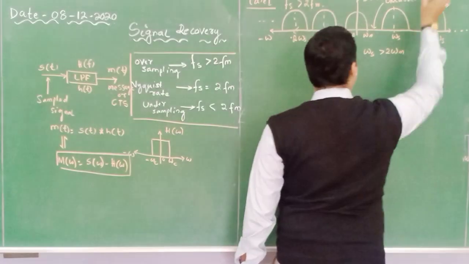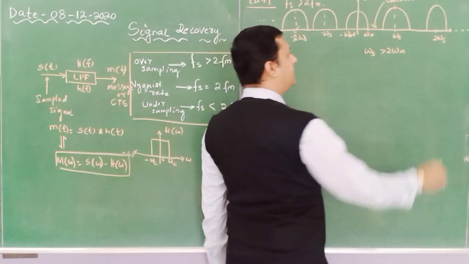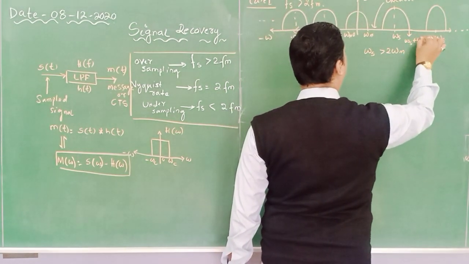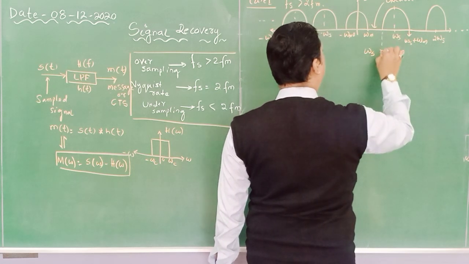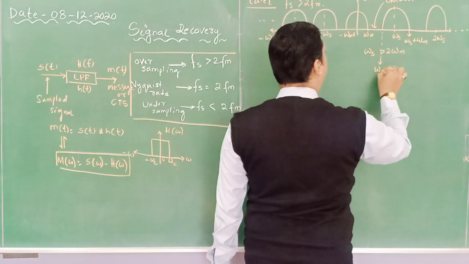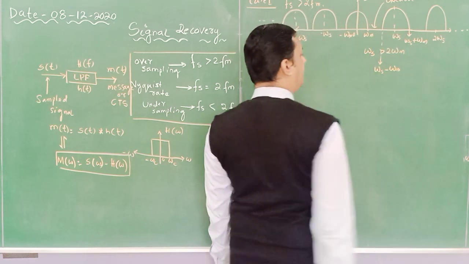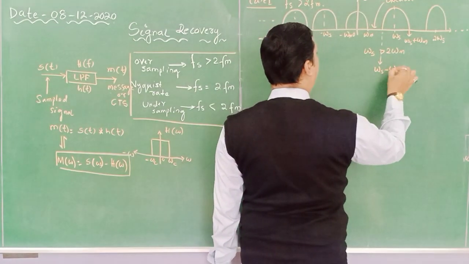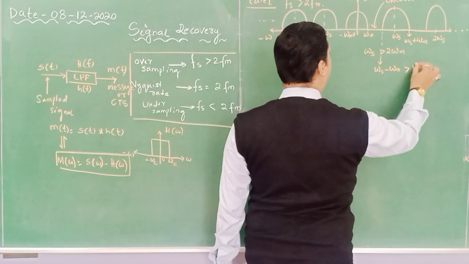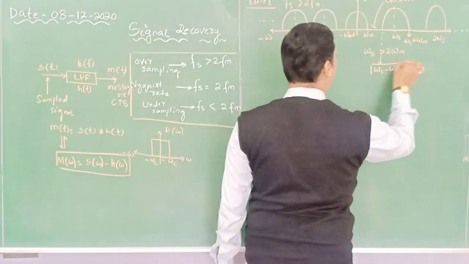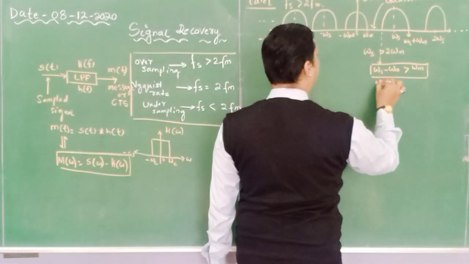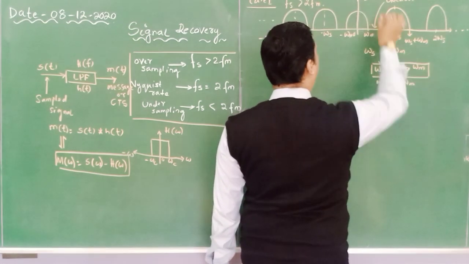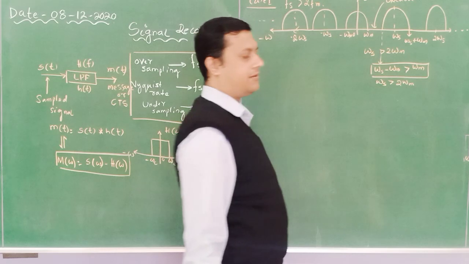This is omega s plus omega m, and this is omega s minus omega m. This guard band will come into picture when omega s minus omega m is greater than omega m, and it satisfies omega s greater than 2 omega m, which we have considered here. Done?